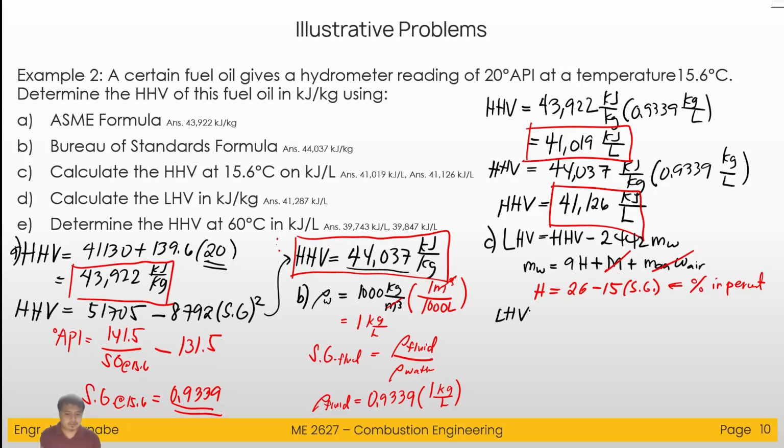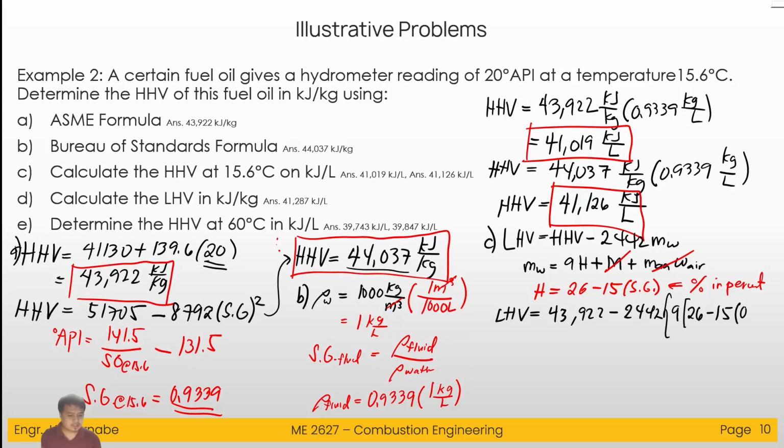So the lower rating value is the high rating value minus 2442. I will just solve one, the ASME version. So we have 922 minus 2442, and then I can just substitute this 9H. H here is 26 minus 15 times the specific gravity.